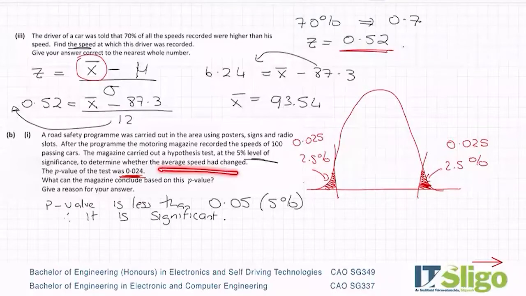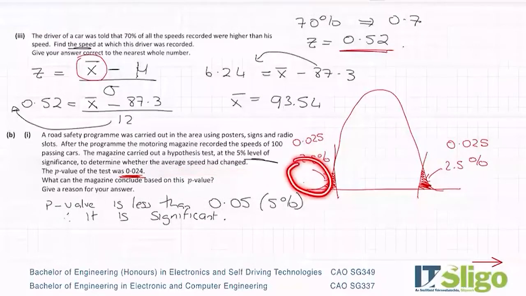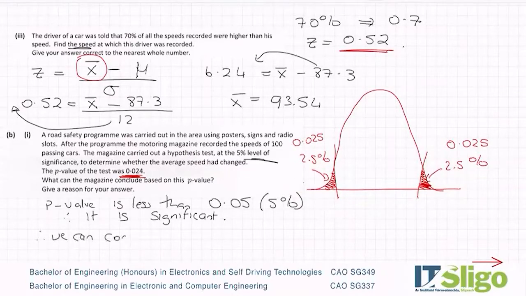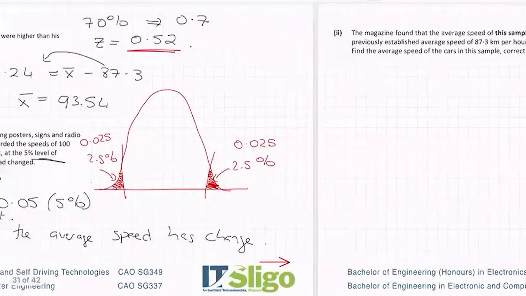H0 would be that the average speed had not changed. So because it is significant and we are out here in the outskirts, okay, we can conclude that the average speed has changed. Okay, so that's just looking at that piece of theory on what does the p-value mean, okay?